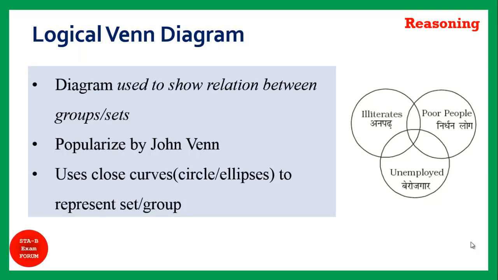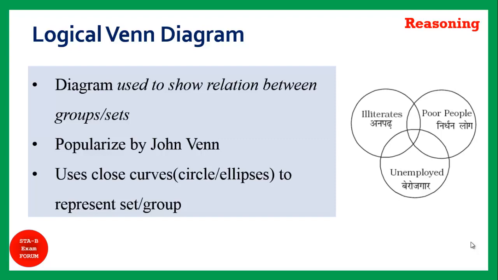So before looking into logical Venn diagram categories, we should know what logical Venn diagrams are. Students, these diagrams are used to show the relationship between groups and sets. This name came from the very famous mathematician John Venn.